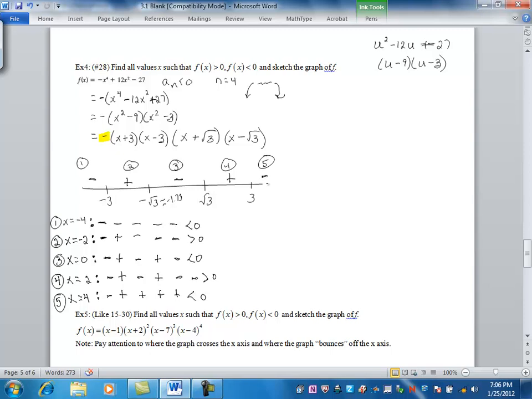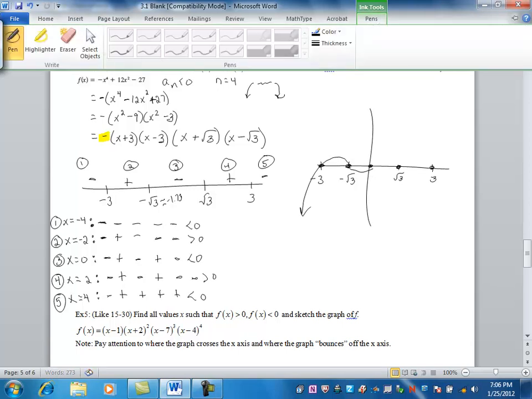And there we go. So we're going to sketch in our graph here. Here's negative 3, negative root 3, 0, root 3, and 3. Alright, and so we notice we're going down here, we're above, we're below, and we're below in that entire region.